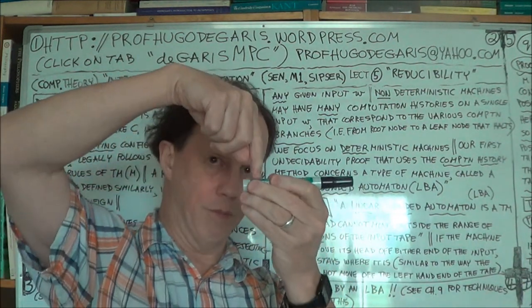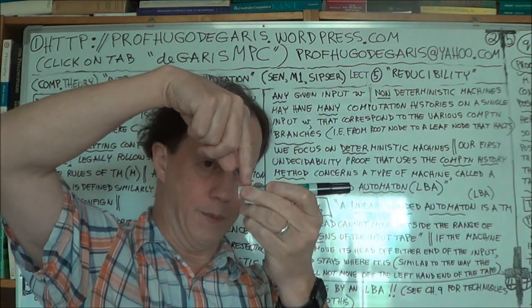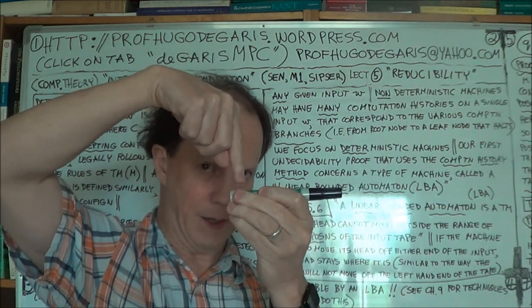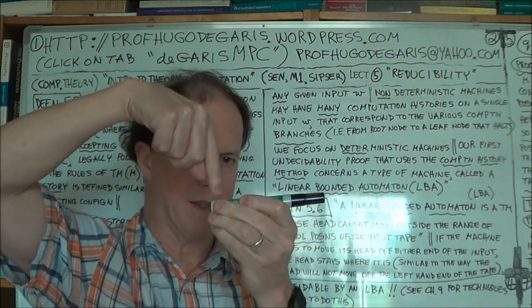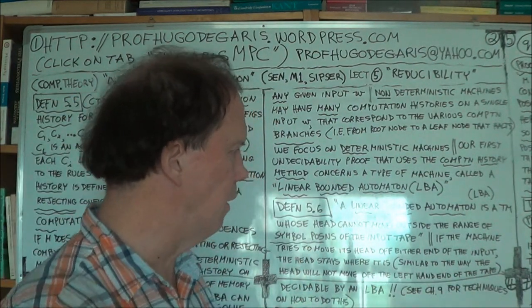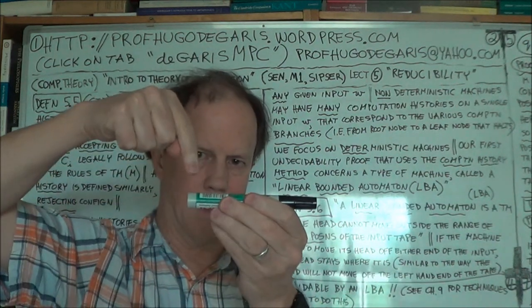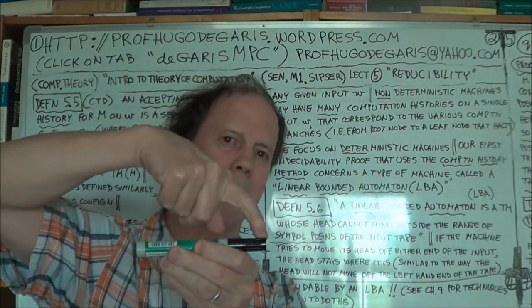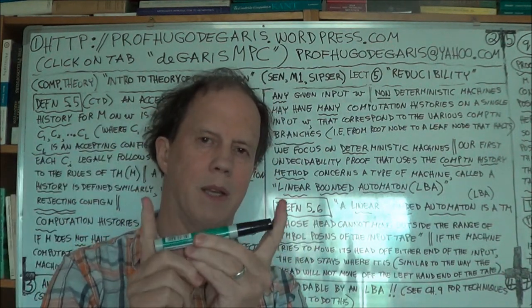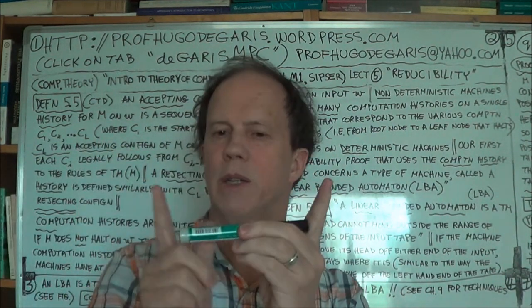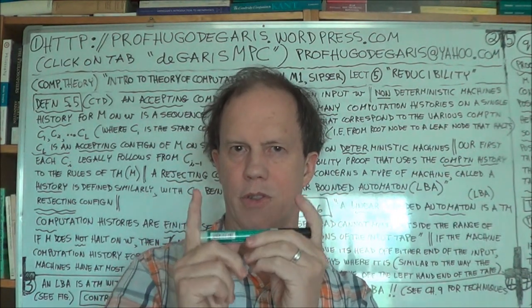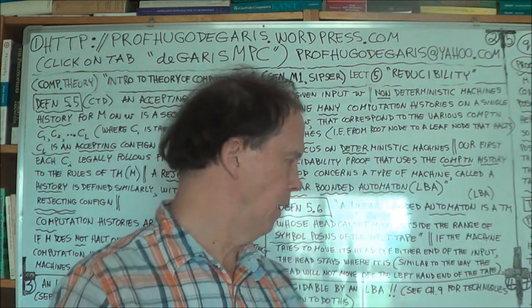If you try to move the head to the left of your first square, you can't. It just stays there. Now it's not only at the leftmost square, it's also at the rightmost square. So it can move in between, but it can't go beyond those two left and right boundary squares.